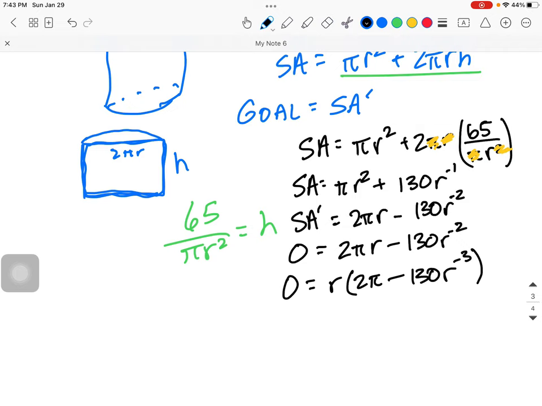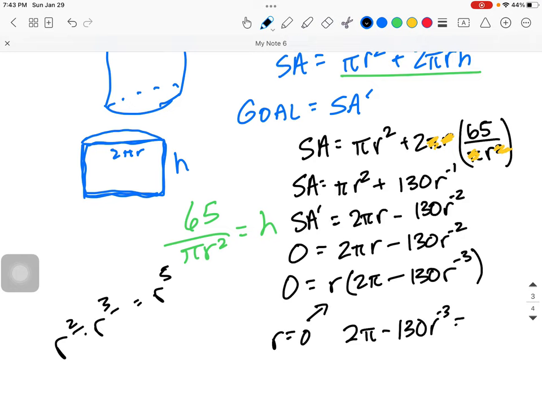This one's kind of weird because when you factor out, you're actually subtracting exponents. If I factor out an r to the 1st, negative 2 minus 1 would be negative 3. So one solution is r equals 0, but if you think about that, what would a cylinder look like with a radius of 0? That's kind of an extraneous solution. So I think our answer is going to be found by setting this equal to 0.